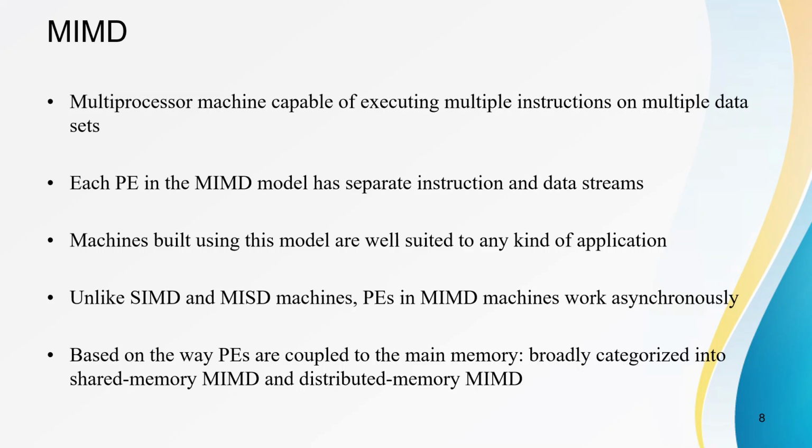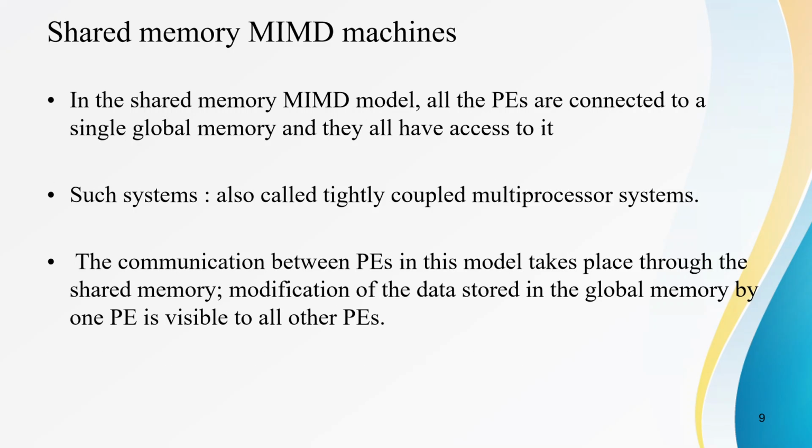Now, based on the way PEs are coupled to the memory, they are broadly classified into two types again. MIMD is further divided into shared memory and distributed memory MIMD. Now, what are shared memory MIMD machines? In shared memory MIMD machines, all the PEs are connected to a single global memory, and they all have access to that common global memory.